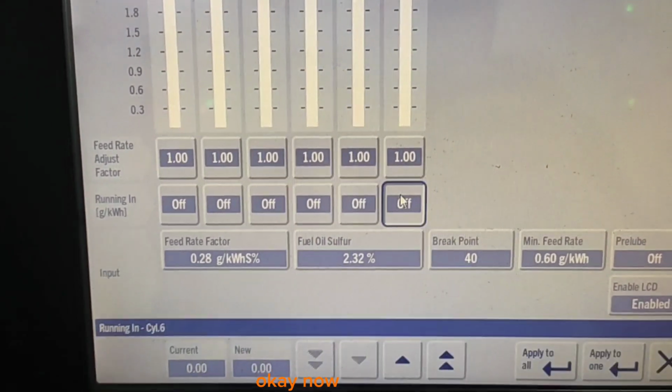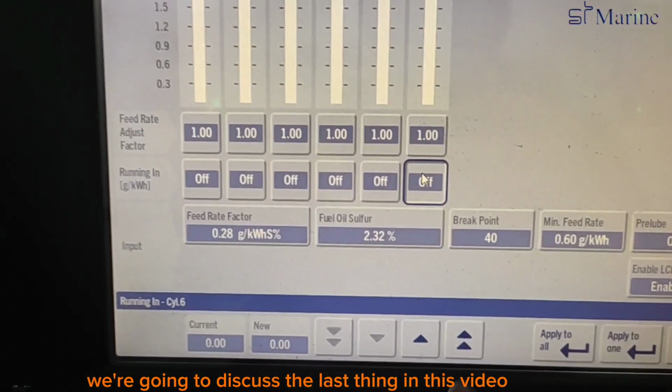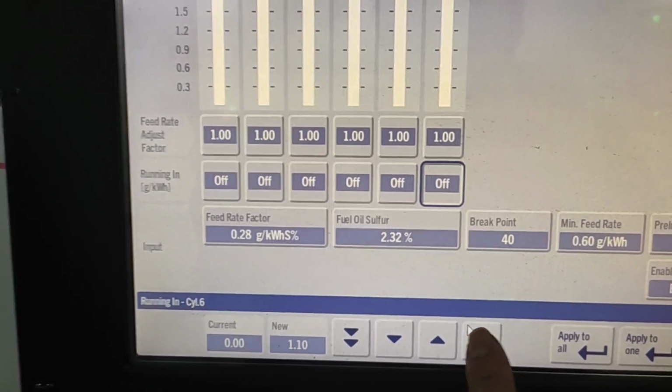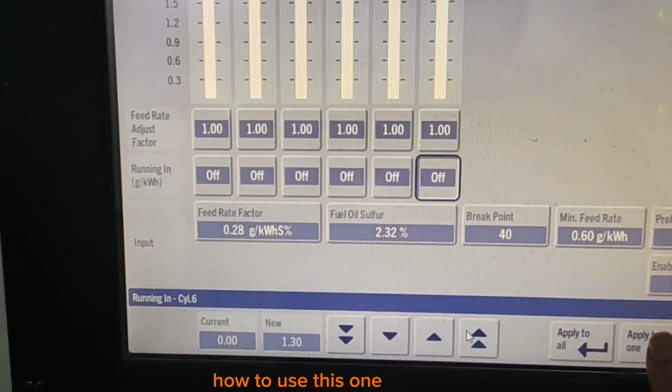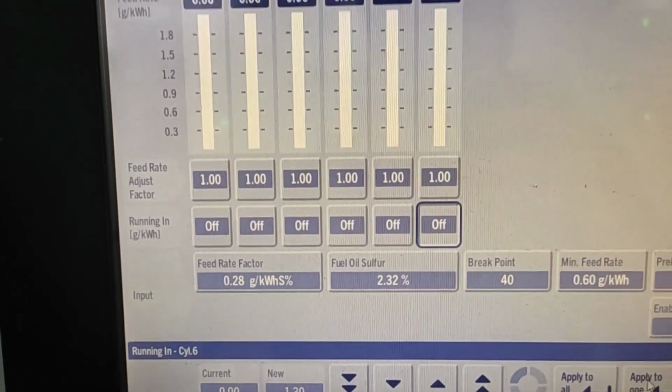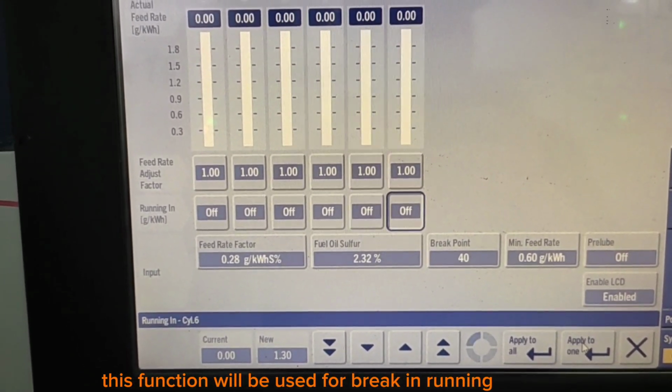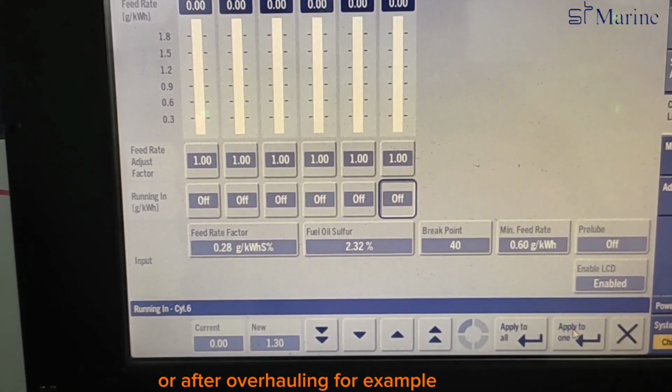Okay, now we are going to discuss the last thing in this video, running in. How to use this one. This function will be used for break-in running or after overhauling.